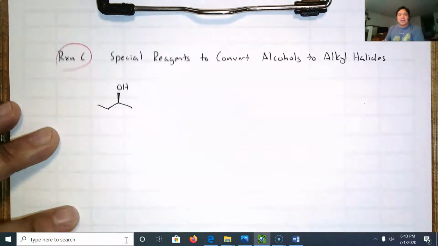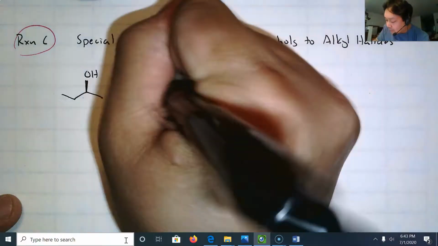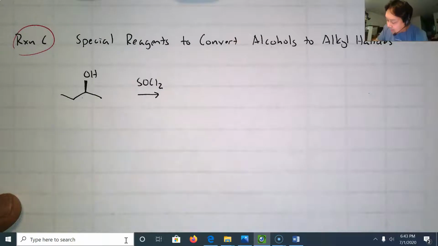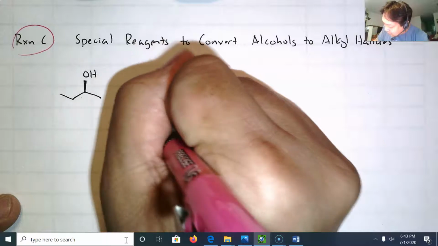The first reagent that I want to look at is thionyl chloride, SOCl2. It's spelled thionyl chloride.